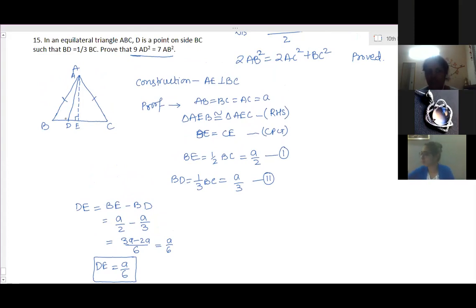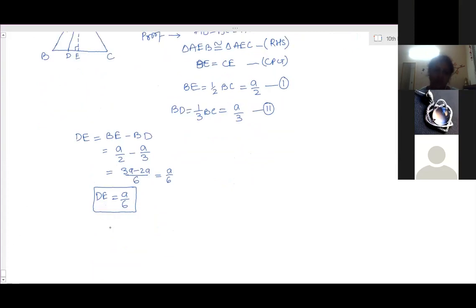So for AE, AB square minus BE square is equal to AE square. Pythagoras theorem, can we apply there? In triangle ABE, angle E is equal to 90 degrees. So by Pythagoras theorem, AB square is equal to AE square plus BE square.